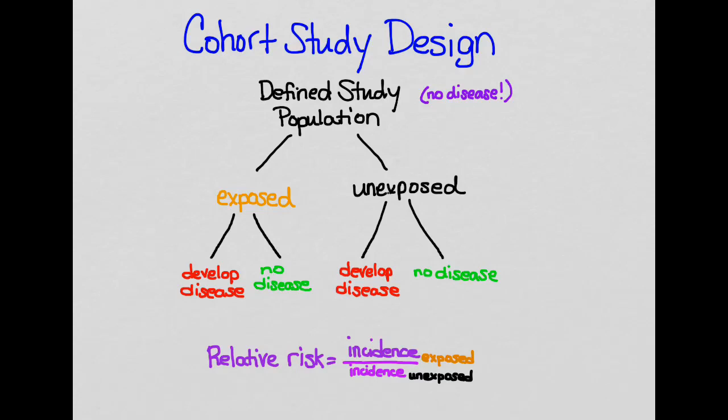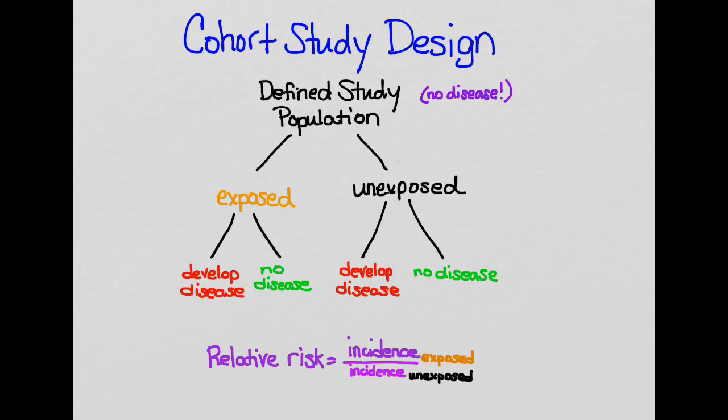And unlike the case control study, we can measure incidence because at the beginning of the study, nobody had the disease. And so then we are tracking people over time and we see exactly when they develop the disease. And so usually a cohort study takes place over a certain amount of time.